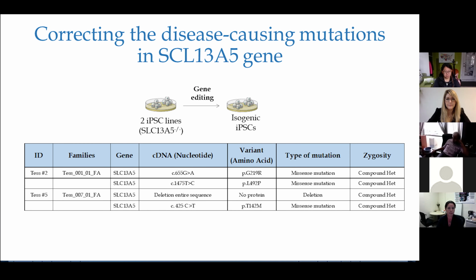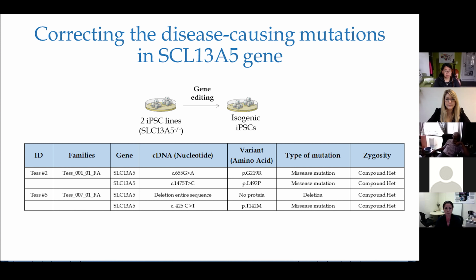Once this work was done, then we wanted to correct the mutation, 2 mutations in 2 different iPSCs. And I believe the scientific advisor from the TESS Foundation decided which mutations to correct.